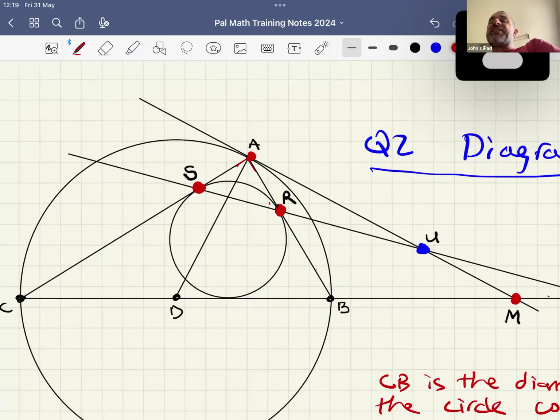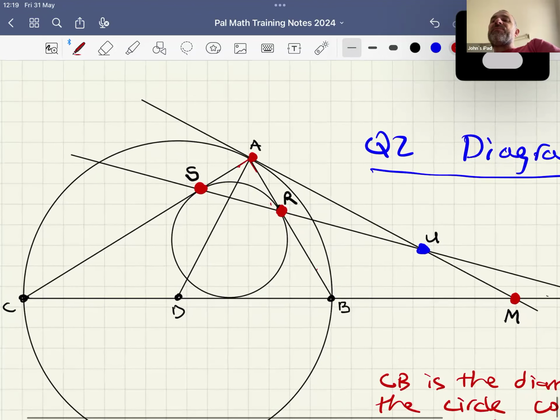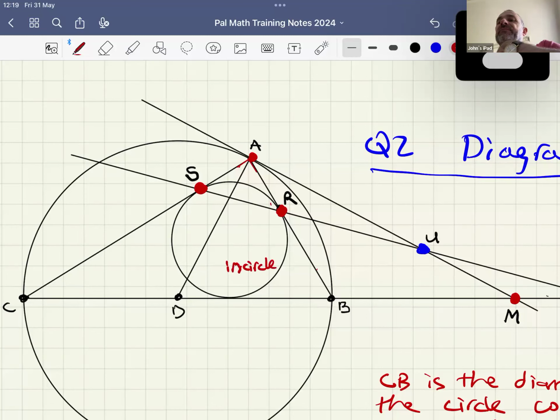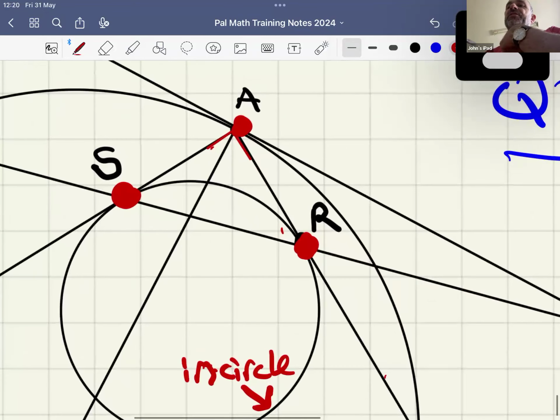So I go back to my diagram, and because of this argument with the in circle, maybe I'll just mark that I have the in circle here. There's two things. First of all, we've got a 90-degree angle here, which I'm going to mark in red.